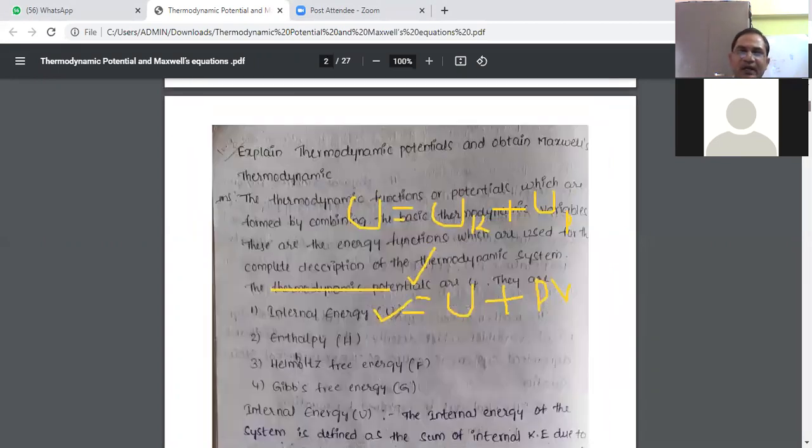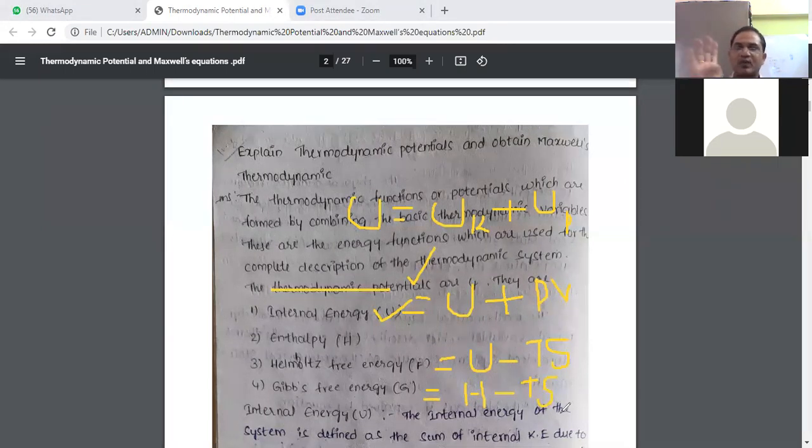It is defined as internal energy minus T, the product of temperature and entropy, where S is entropy. The fourth one is the Gibbs free energy. It is given by H minus TS: enthalpy minus the product of temperature and entropy.